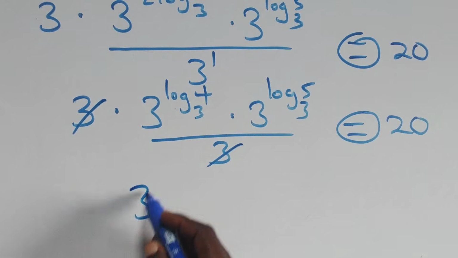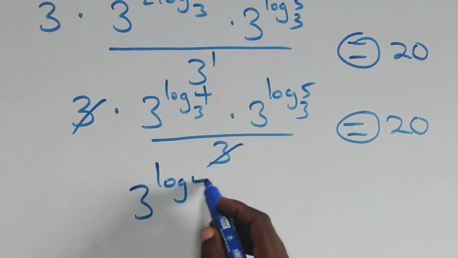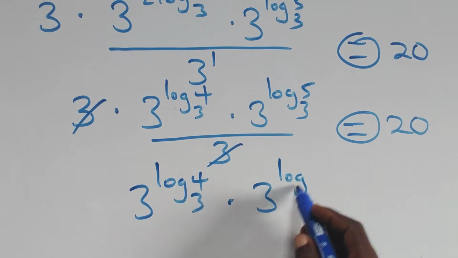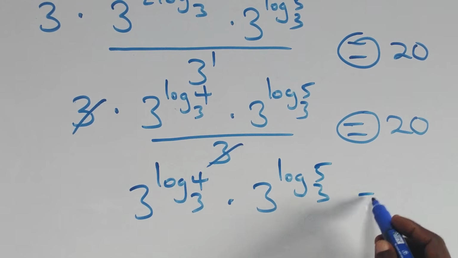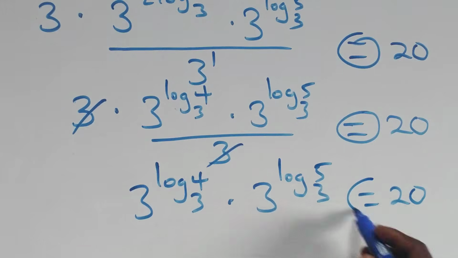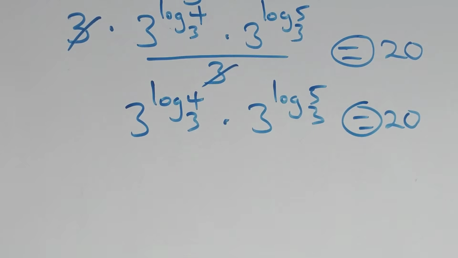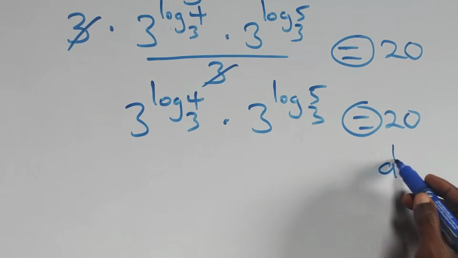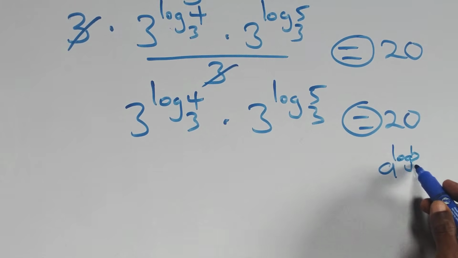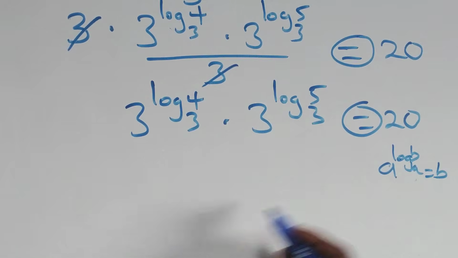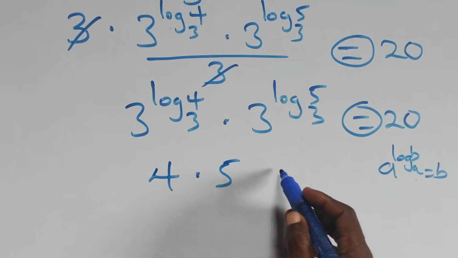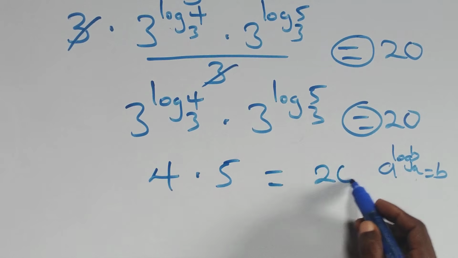We have 3 raised to power log 4 base 3 times 3 raised to power log 5 base 3. Is it equal to 20 on this side? So this follows the law of logarithm: a raised to power log b to base a is equal to b. So also here, this is 4 times 5. Is it equal to 20 on this side?